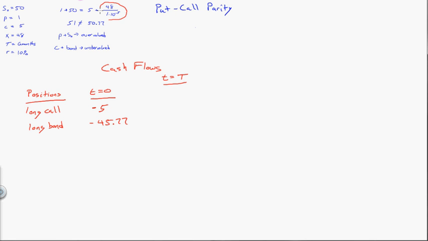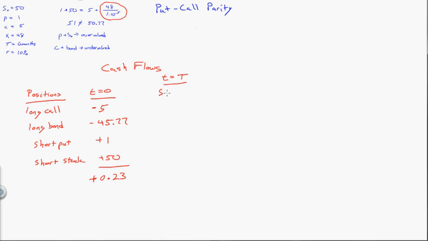I get that from doing that math. I want to short the put, sell it, I get $1. Short the stock, I sell it, I get $50. So my cash flow is a positive 23 cents today.